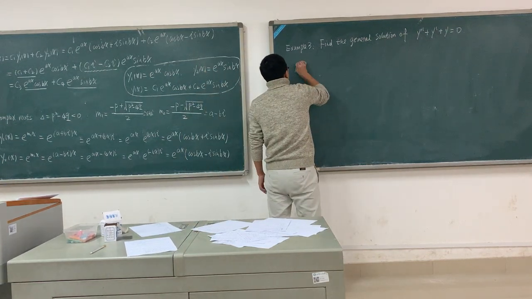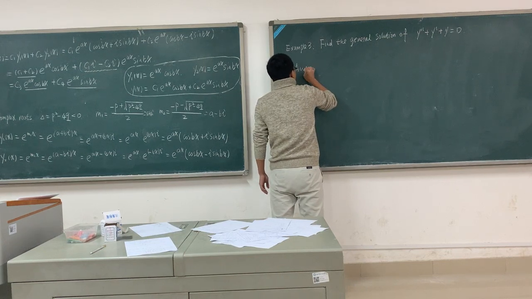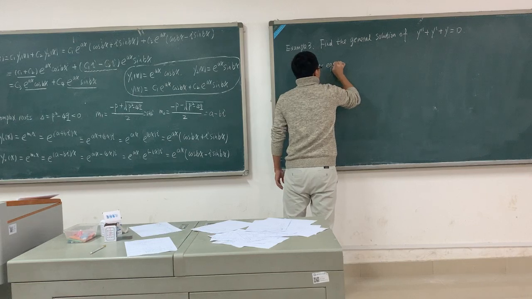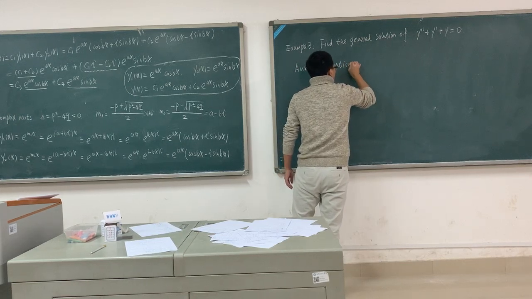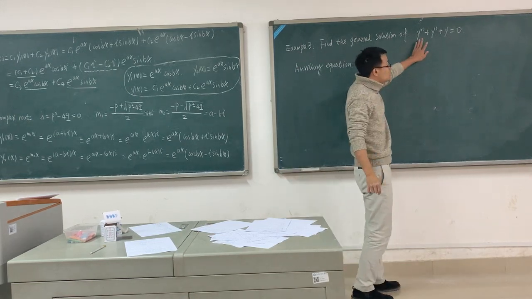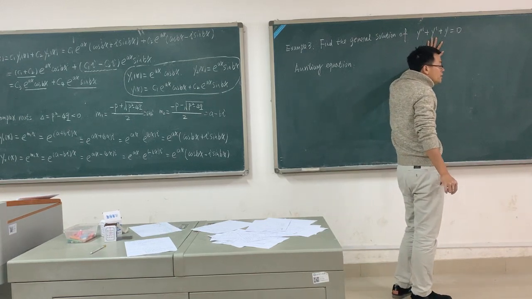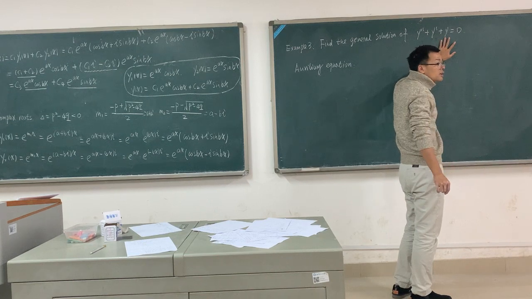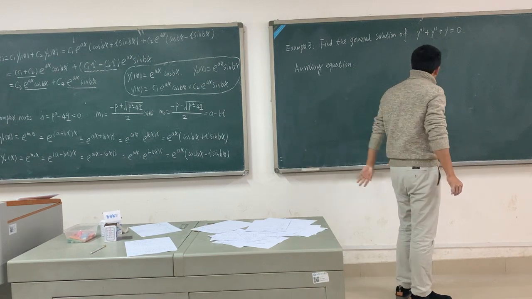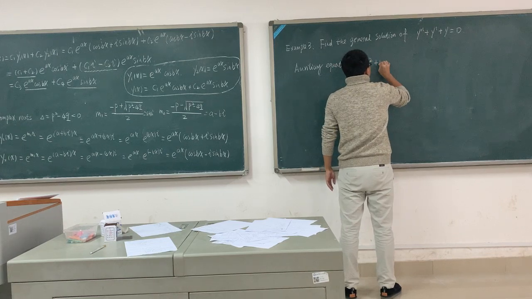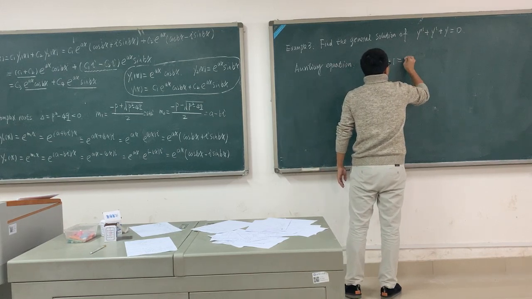The auxiliary equation is you replace the second order derivative by m squared, replace the first order derivative by m, and replace the y by 1. So here is m squared plus m plus 1 equal to 0.